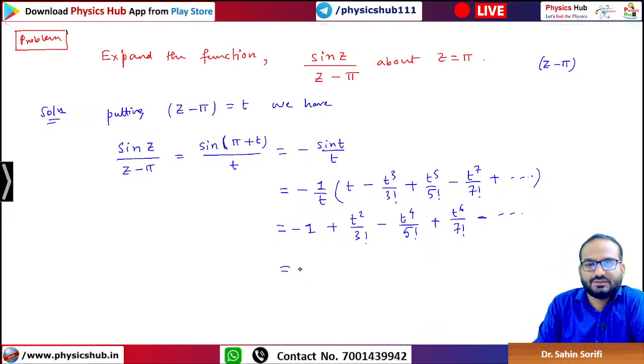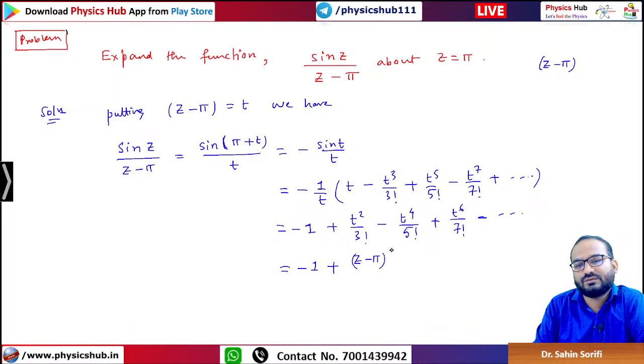So this can be written as minus 1 plus z minus pi whole square, and so on. The rule is simple: what you have taken you have to give back. We have taken z minus pi equals to t, so at the end we are just returning it back.